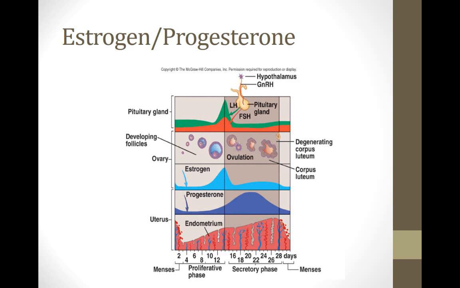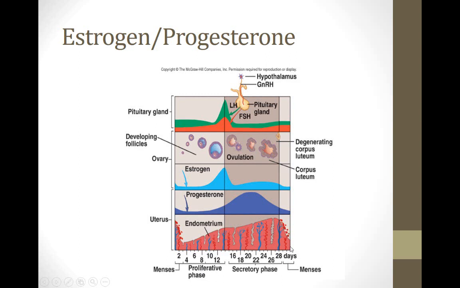First thing I want you to understand here is we have about a 1 to 28 day cycle here. That's what we're looking at. And we always start the cycle with a menses. Remember, the discharge or the shedding of the endometrium here. Then we have a phase called the proliferative phase, and we have the secretory phase.